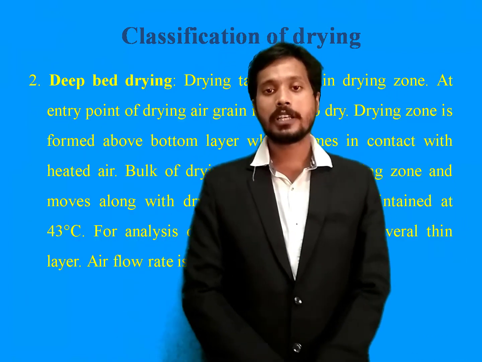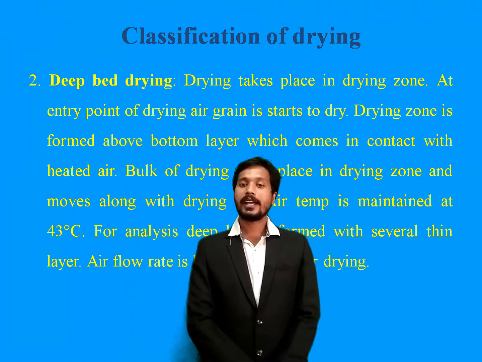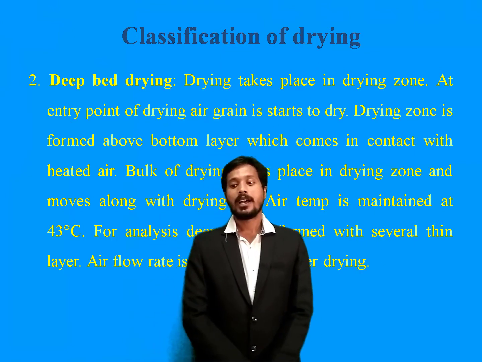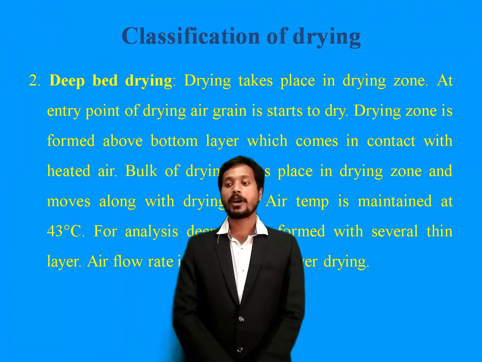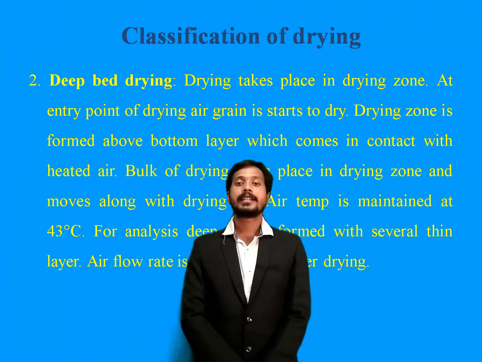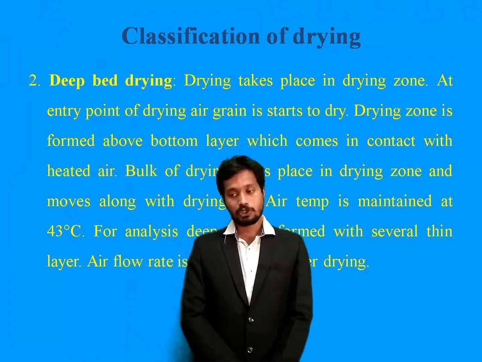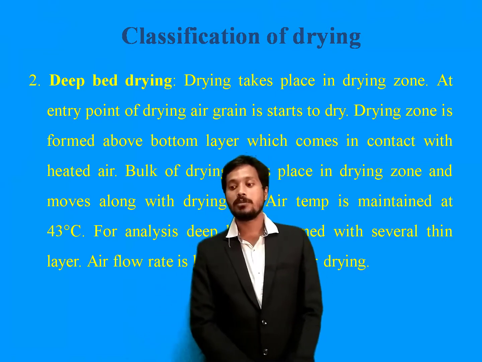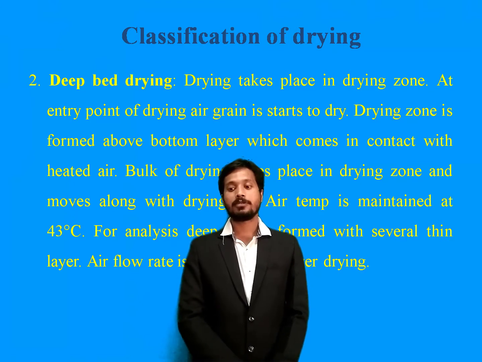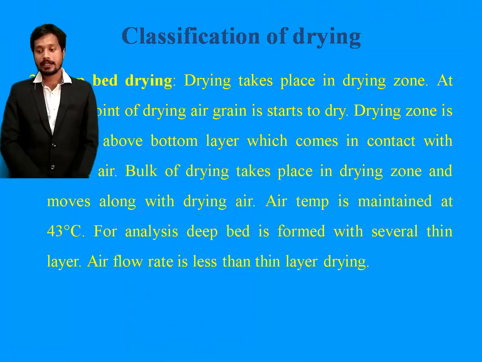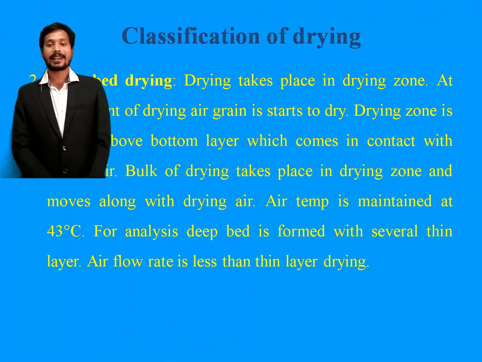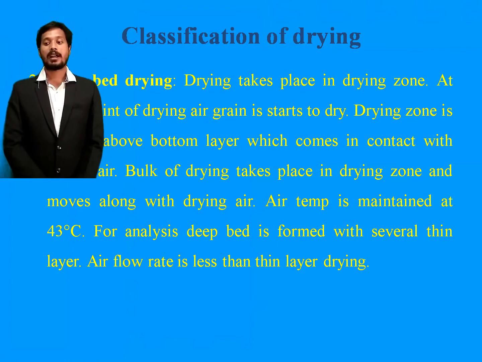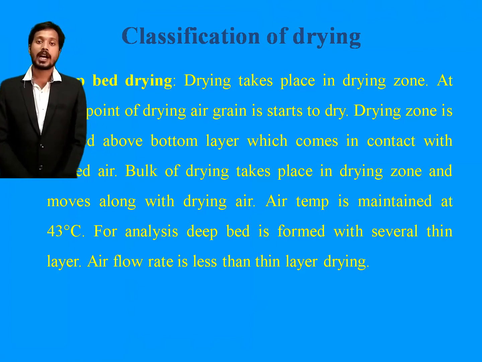Now in deep bed drying, drying takes place in the drying zone. At the entry point of the drying air, grain starts to dry, and the drying zone is formed above the bottom layer, which comes in contact with the heated air. Then the bulk of drying takes place in the drying zone and moves along with the drying air.